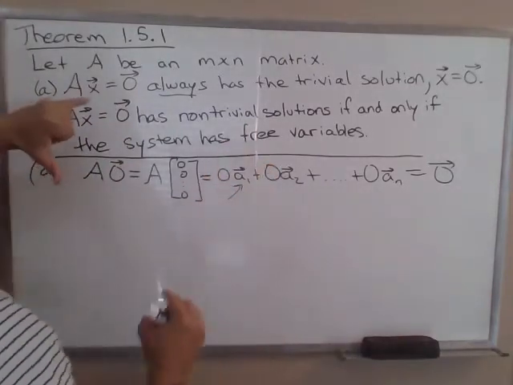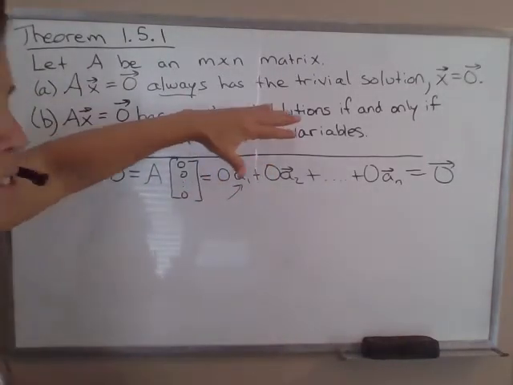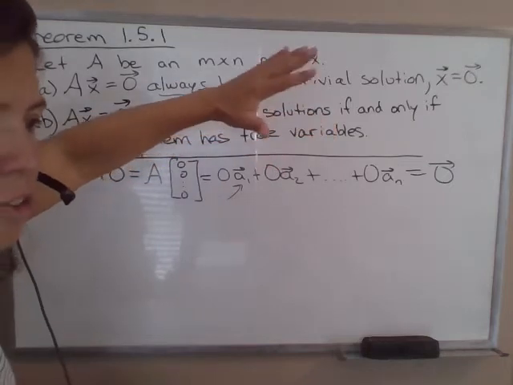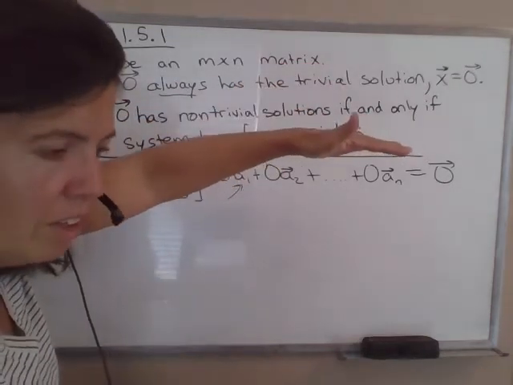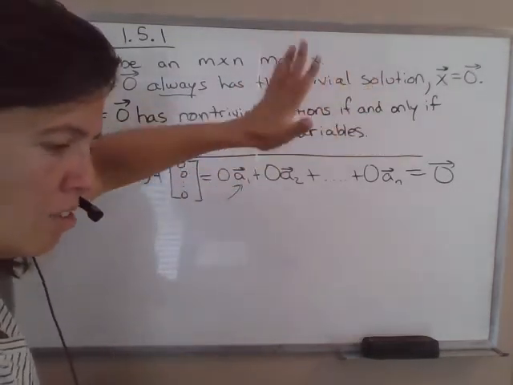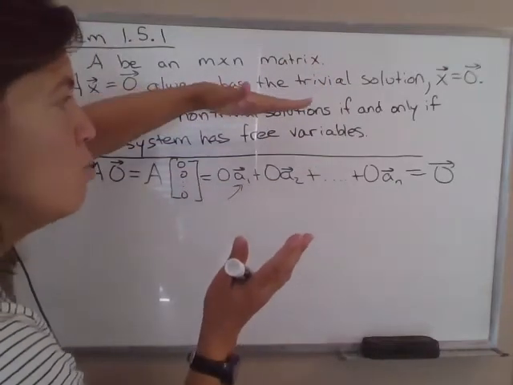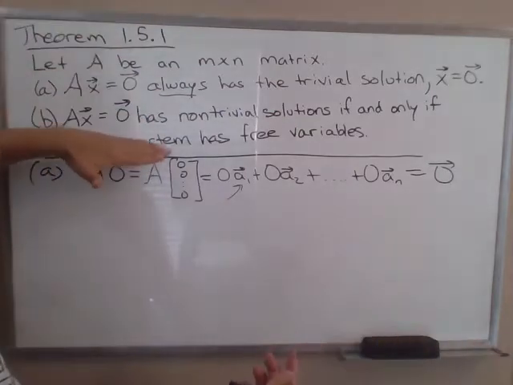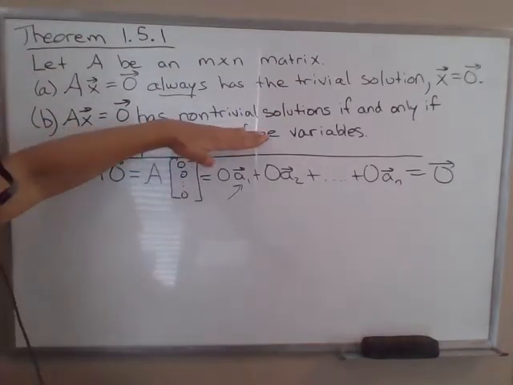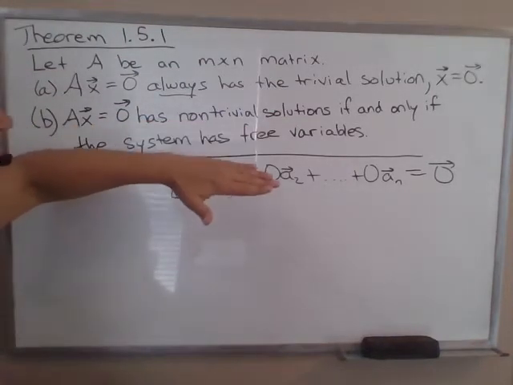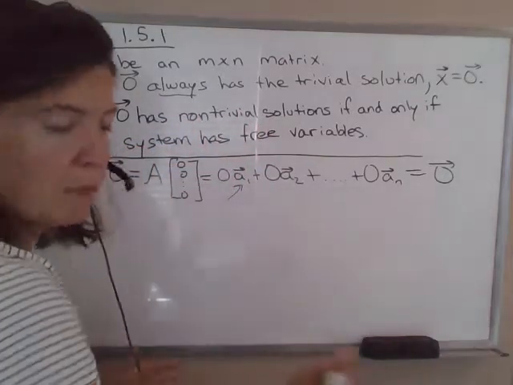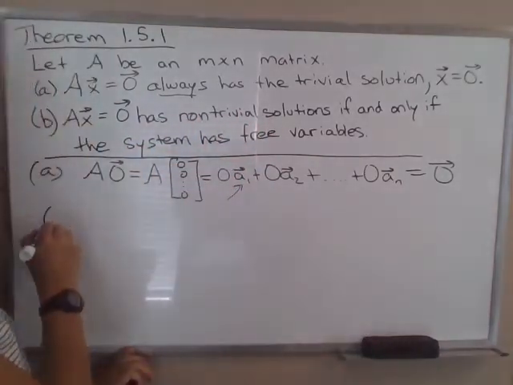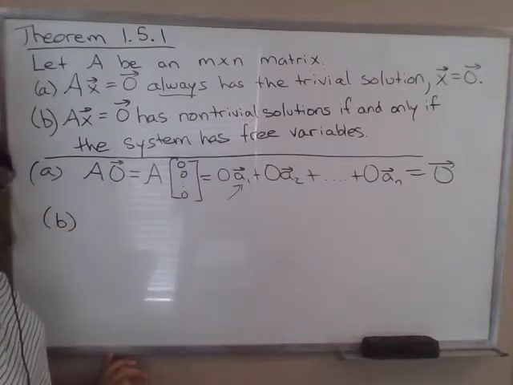Now, we just said in part A that AX equals 0 always has the trivial solution. So it's always got at least one. So it's not going to be an inconsistent system ever. If it has more than one solution, so if it has what we call a nontrivial solution, then it's got to have infinitely many. And so that actually kind of gets at the reasoning behind part B.